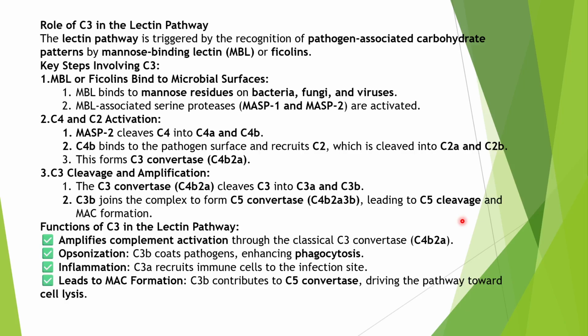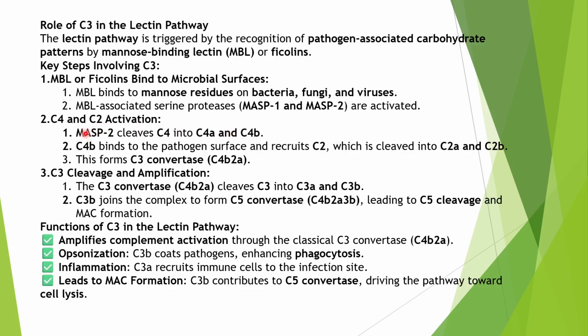So the role in the lectin pathway is that it triggers the recognition of pathogen-associated carbohydrate patterns, that is, the mannose-binding lectins or ficolins. So MBL or ficolins bind to the microbial surface, basically to the mannose residues on bacteria, fungi and viruses, and then we have the MASPs, the serine proteases.